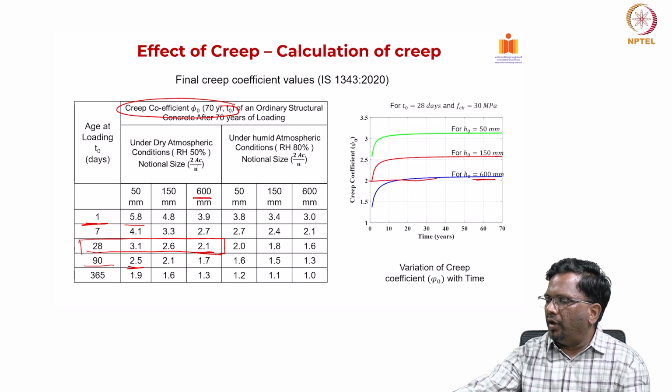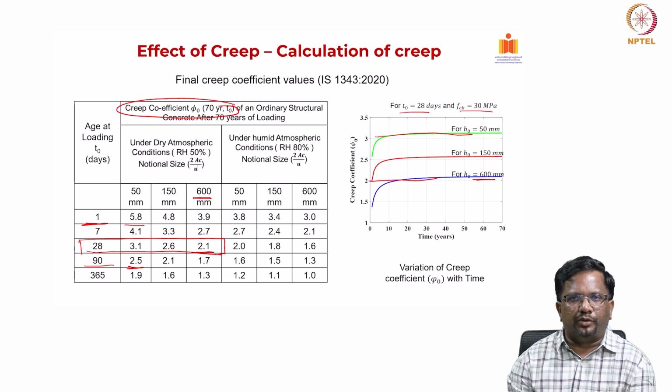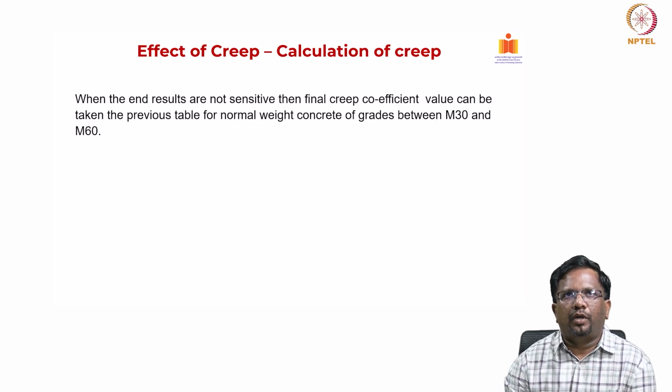Now, if more surface area, creep is 3. So, this is for T naught 28 days and FCK 30 megapascal. So, you can see that more the surface area, or in other words lower the H naught value, higher will be the creep, right.